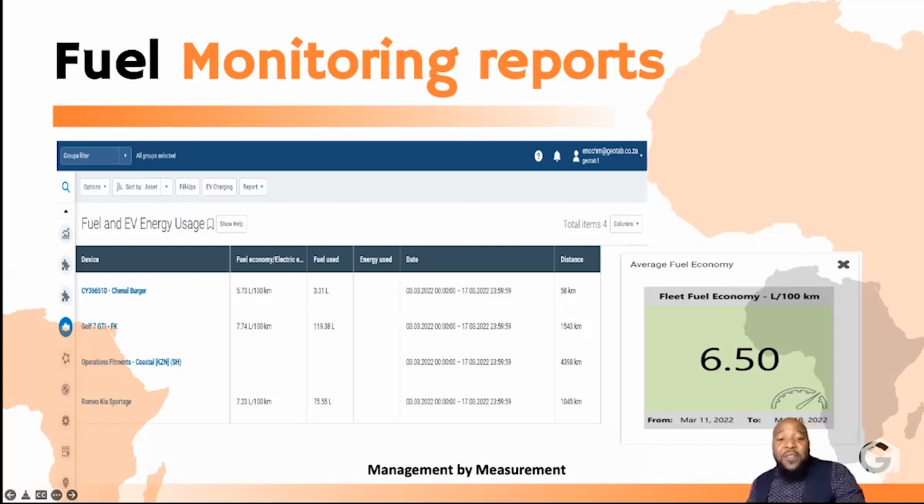Comparing the fuel economy and the distance covered by individual vehicles will further assist in answering the question: are we doing things the right way, or are we headed in the right direction? It can also possibly highlight any incidents of theft within your fleet, which is a common problem in most fleet-based organizations.